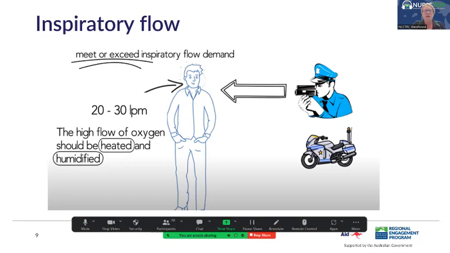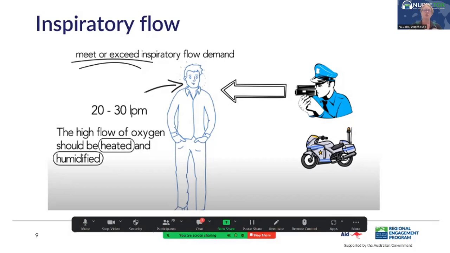Right? So in this slide here, you can see a police officer with like a speed gun. All right. So if you put a speed gun by your mouth and you measured how much air you were taking in to your lungs, it would be about 20 to 30 litres per minute.